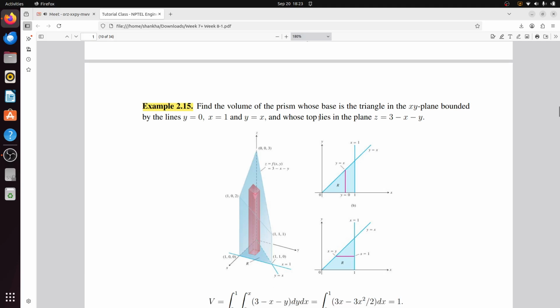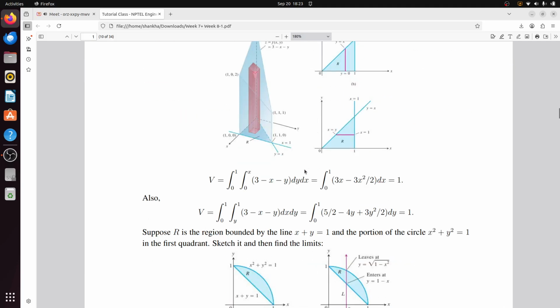This 3 minus x minus y you need to integrate, and if you integrate it from 0 to 1, so 3x minus 3x square by 2 dx, it will give you 1. So V will give you 0 to 1, y to 3, 3 minus x minus y dx dy, 5 by 2 minus 4y minus 3y square plus 3y square by 2 dy equal to 1.